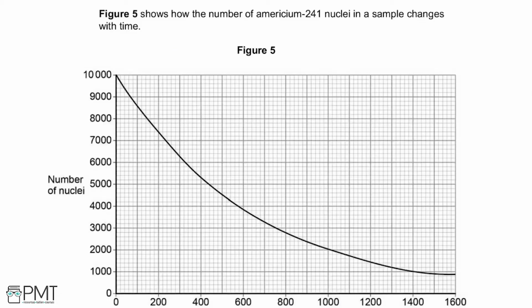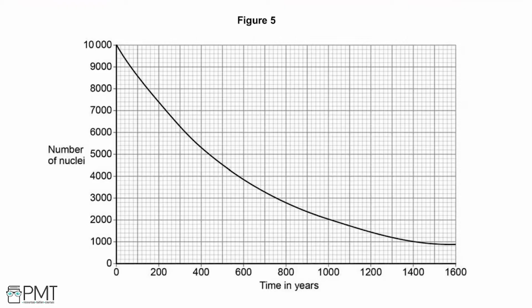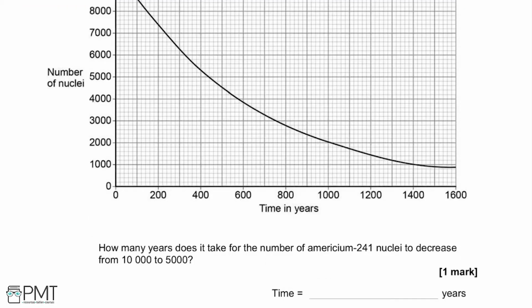Figure 5 shows how the number of americium-241 nuclei in a sample changes with time. You can see figure 5 on the screen now. How many years does it take for the number of americium-241 nuclei to decrease from 10,000 to 5,000?